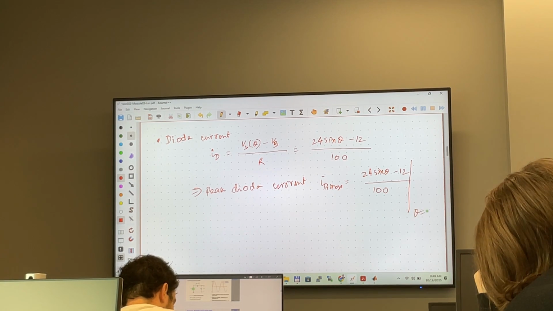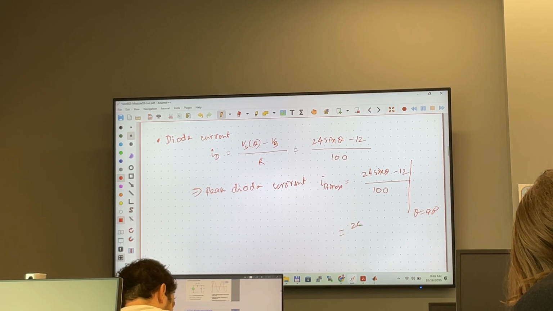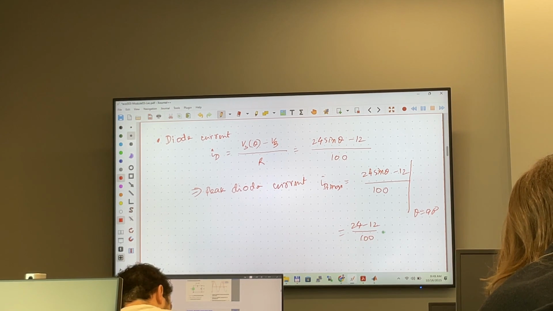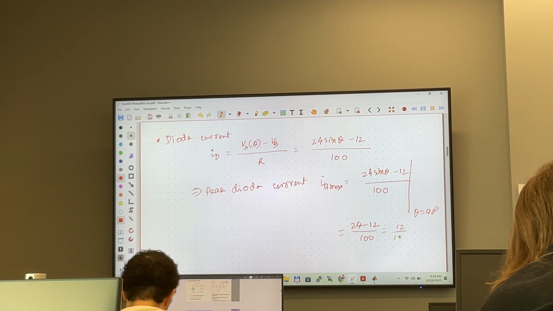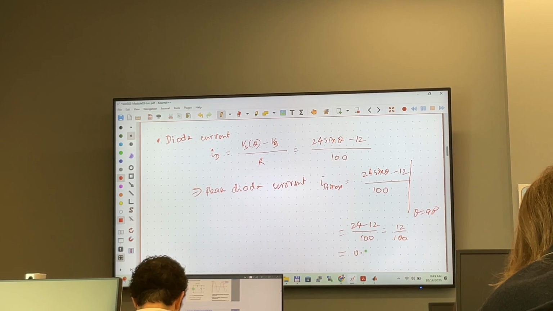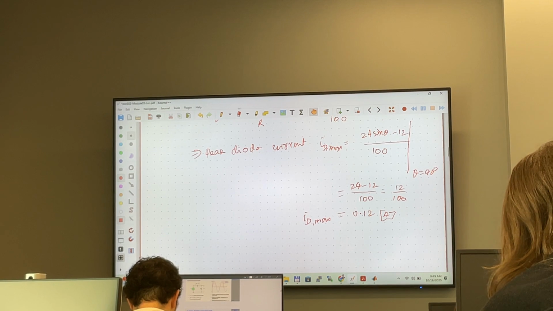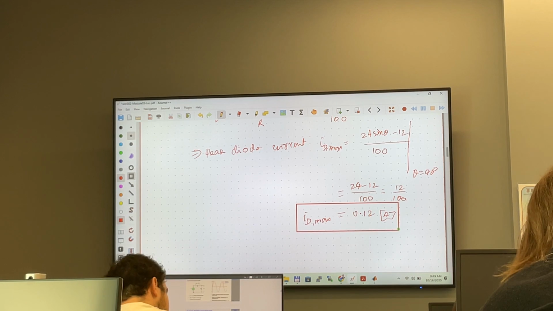So when theta is 90, which is going to be 24 minus 12 over 100. How much is it? 12 over 100 is going to be 0.12 ampere. Okay? That is the maximum diode current.